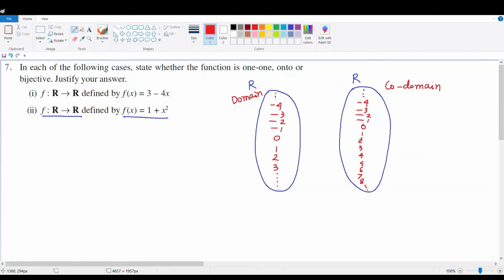All rational, irrational, that means all decimals, fractions, square roots, cube roots, whatever you can think of, all real numbers are there in this domain and in this codomain. Now you are given a function from this R to this R as f of x equals 1 plus x square.